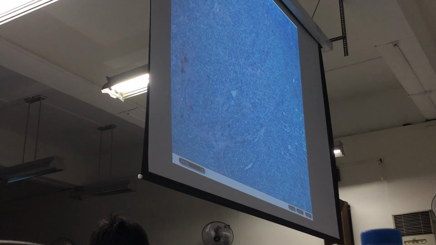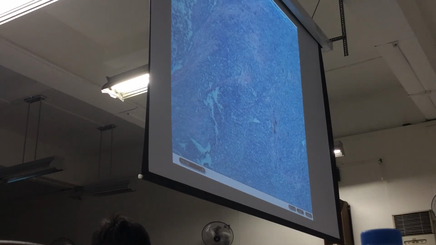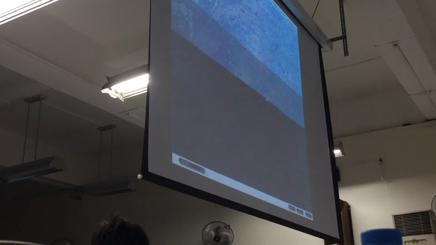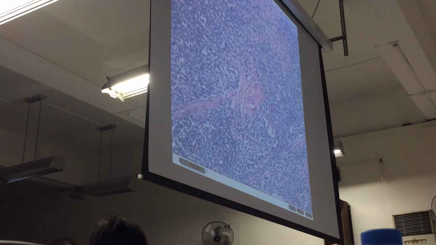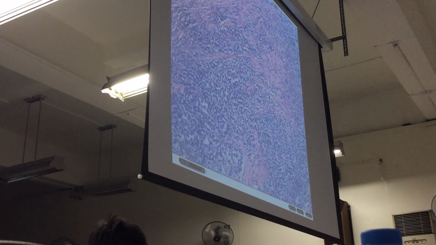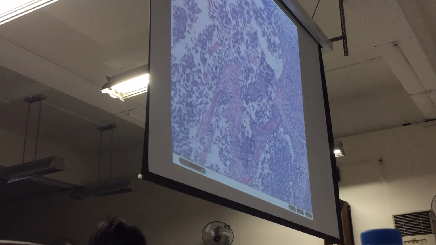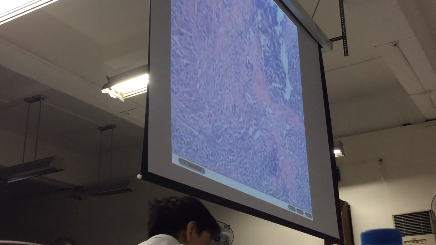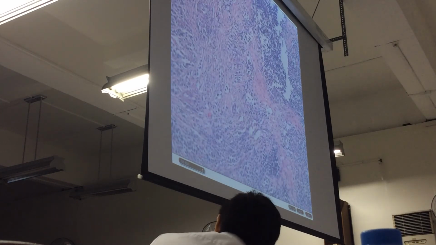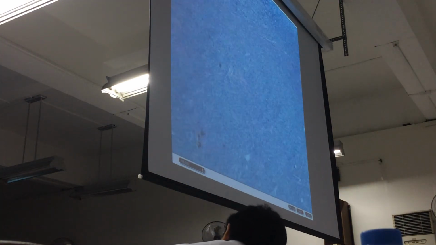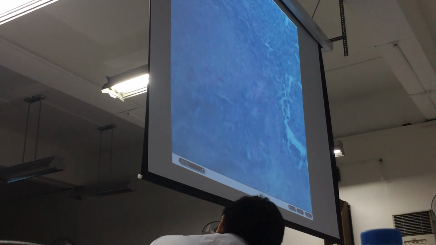So look for the clinical history. It will show you germ cells in nests and irregularly distributed. And the germ cell nest will be traversed by fibrous stroma.